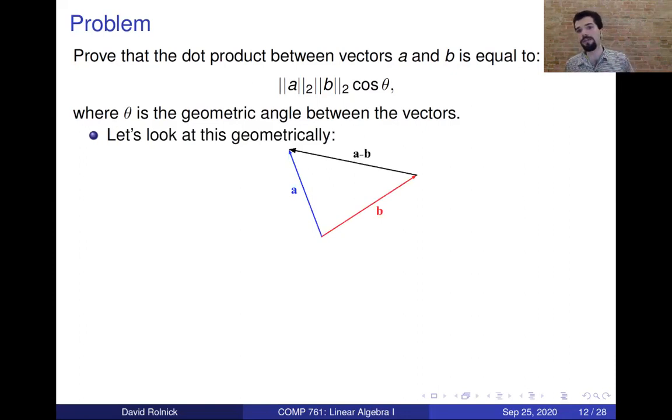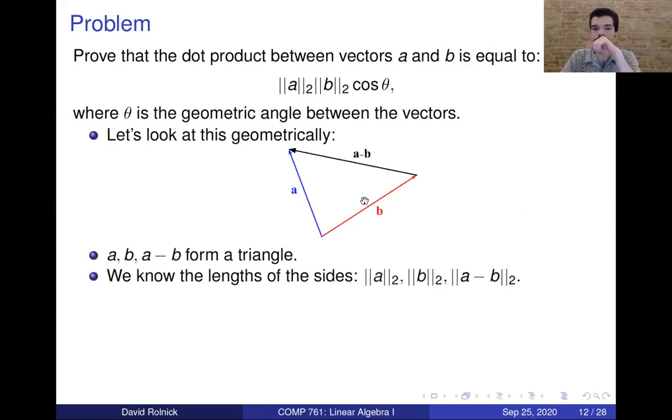So there is a triangle of one vector, the other vector, and the difference between them. Now, these things form a triangle, so we know the lengths of the sides here: a, b, and a minus b. The lengths of the sides are just the L2 norms of those things.